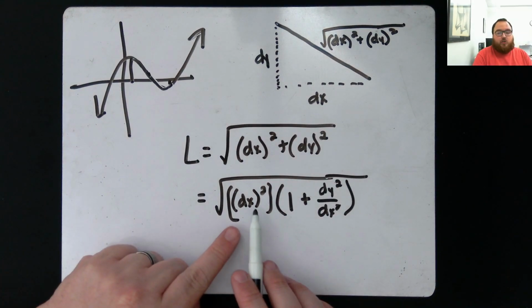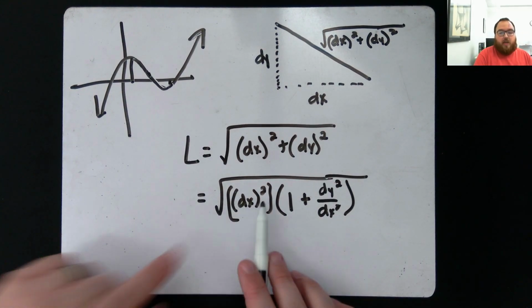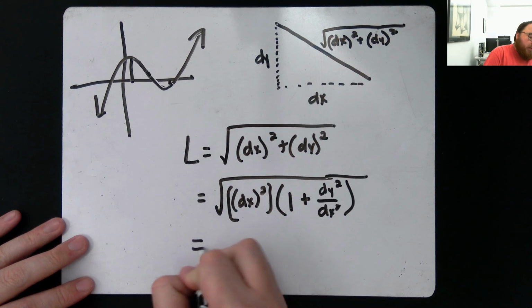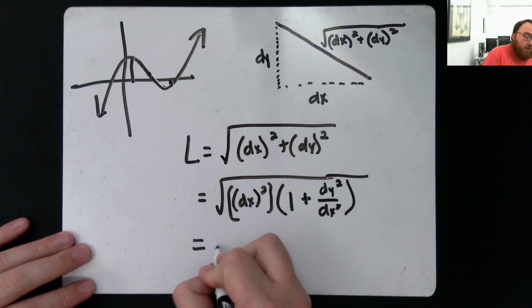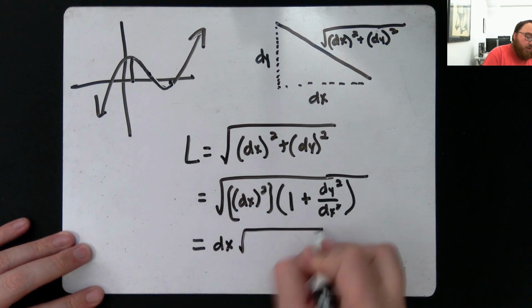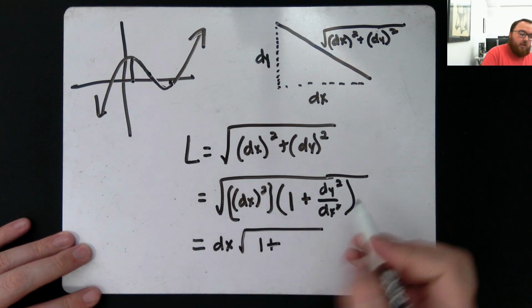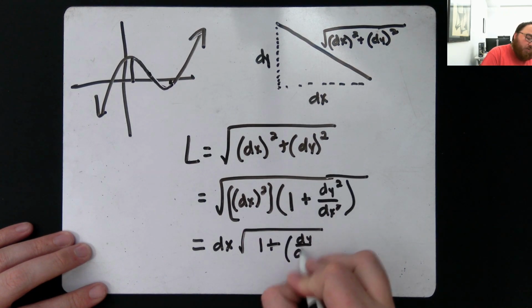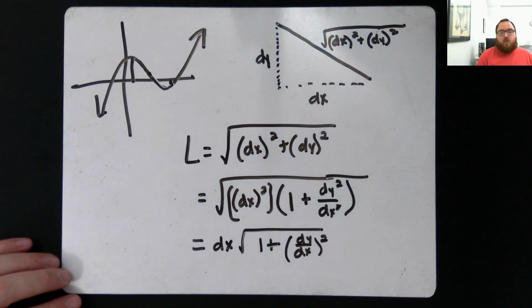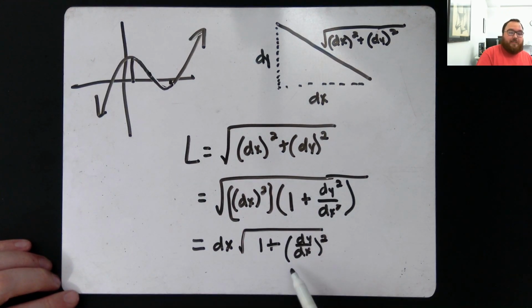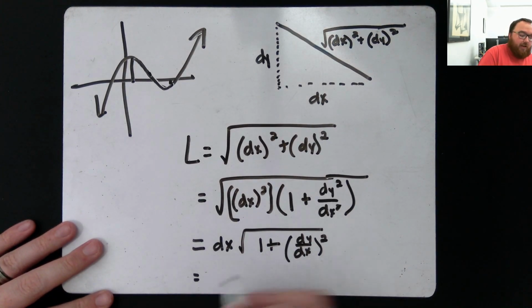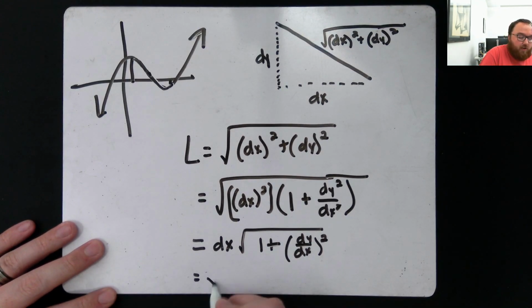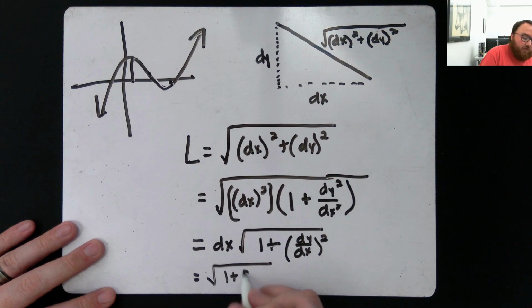Now, since this is a square inside of a square root, I can bring it out and get rid of the square. So that's going to be dx times the square root of 1 plus, both of these are squared, so I can write it as dy over dx squared. Well, dy over dx, as we learned in Cal 1, is the derivative.